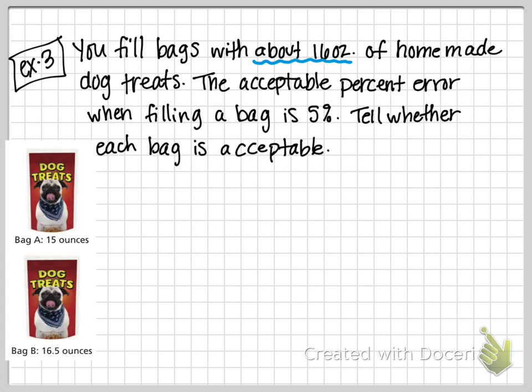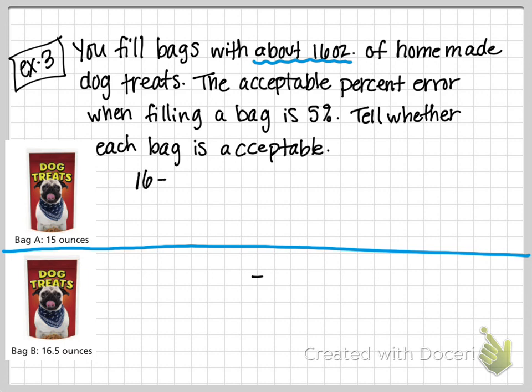So we've got two bags, bag A and bag B. Let's do these both separately. Let's do this one first. Bag A is 15 ounces, and it needs to be 16 ounces. So the difference between 15 and 16: if we do 16, the needed amount, it needs to be 16 ounces, but you were an ounce off.